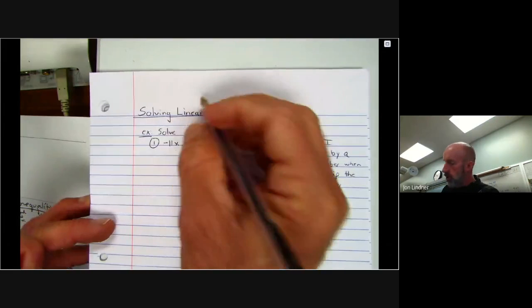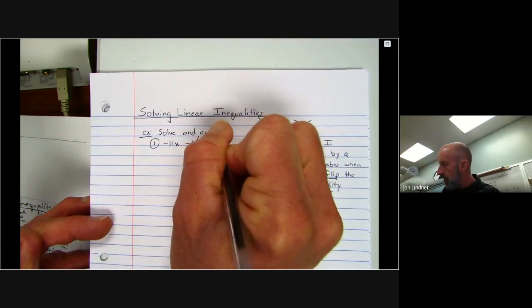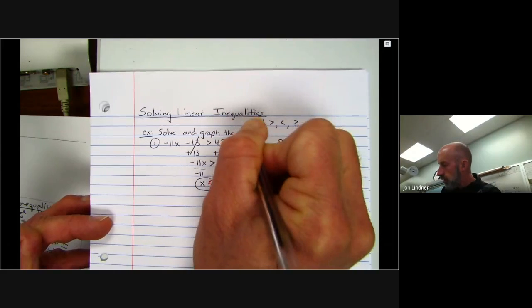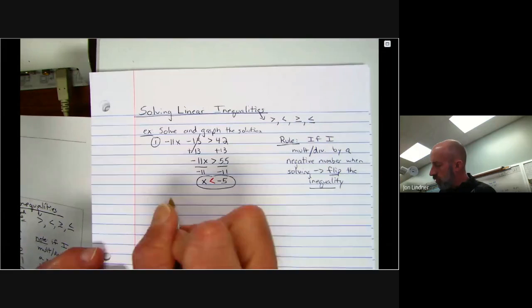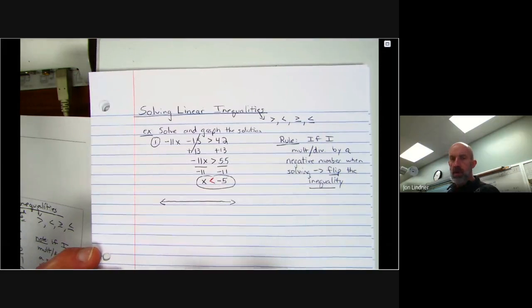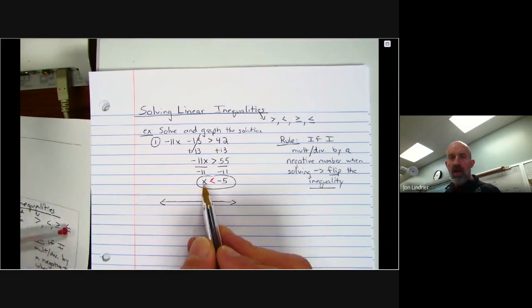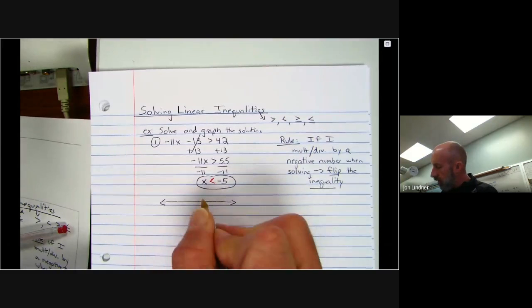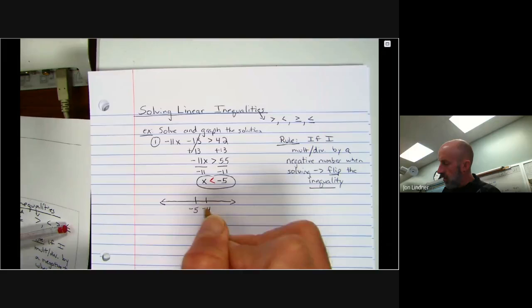Now, the instructions in your book are also going to say, and graph the solution. Okay? It's very easy. We just draw a simple number line. And this is saying that the solution is all of the x's that are less than negative 5. So here's negative 5. Negative 4 is over here.